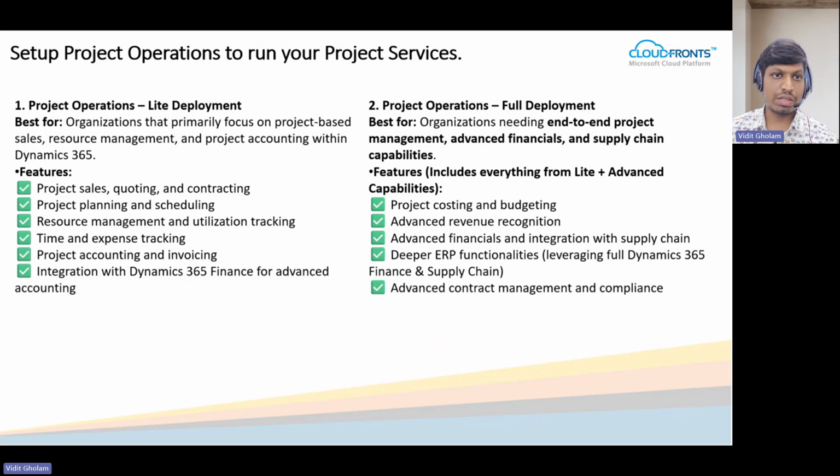What features does a light deployment cover? Some of them are listed in the presentation. Project sales, quotations, contracting, project planning, everything that revolves around the project, and typically that goes towards pro forma invoicing without any in-depth financial information. Light deployment is for those organizations.